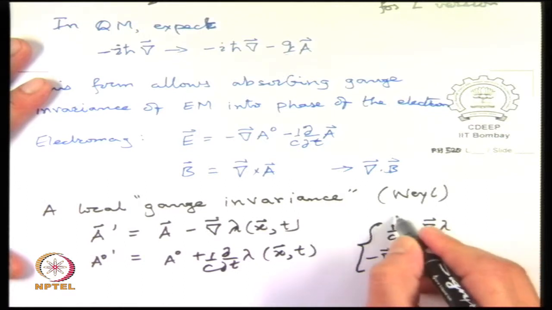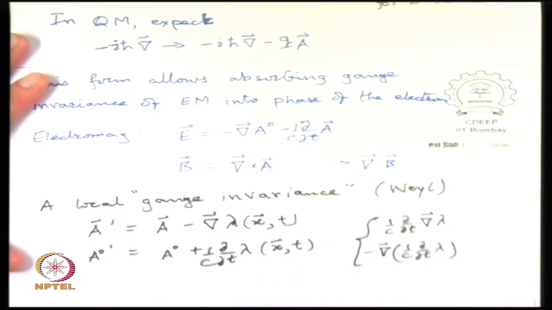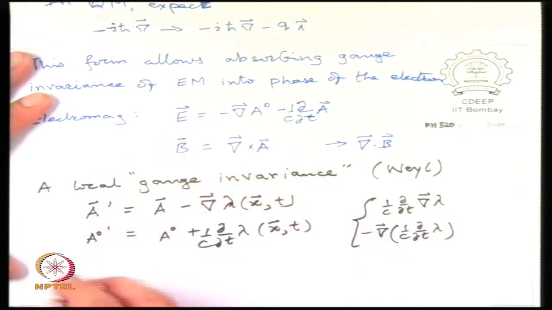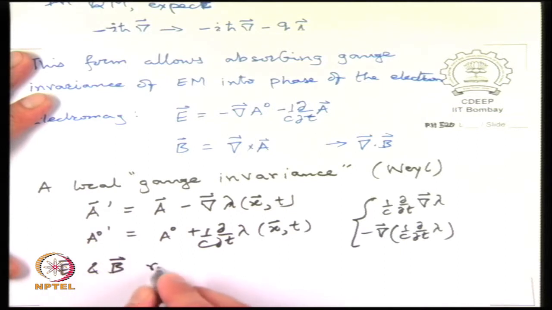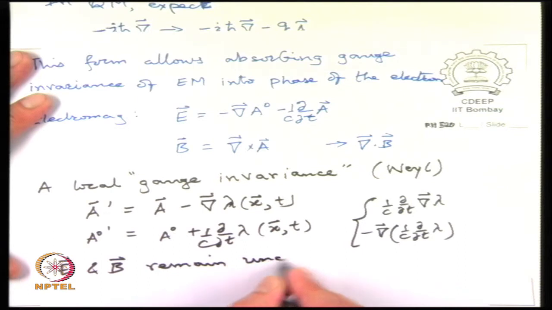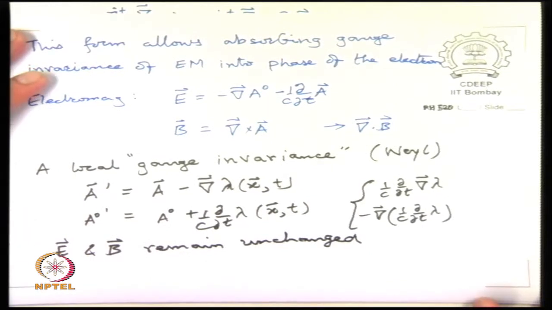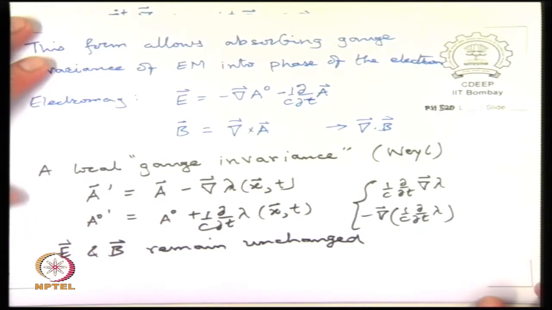So E changes by this, and then therefore we get 0. So E and B don't change. This is why Dirac called Weyl a genius he fears.